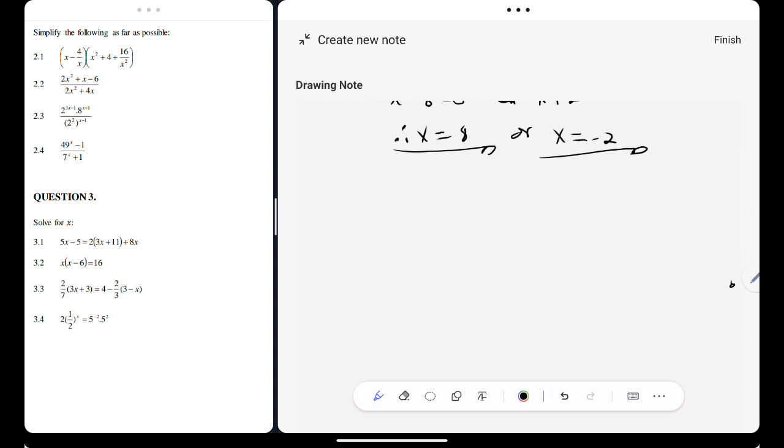And then, now what do I have? 3.3, I have 3 over 7 multiplied by 3x plus 3 is equal to 4 minus 2 over 3.